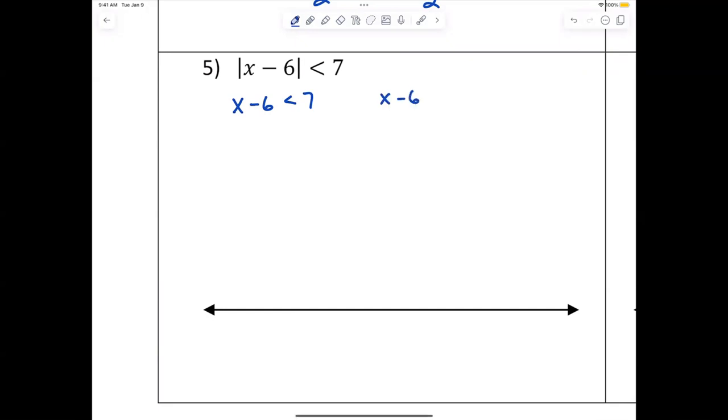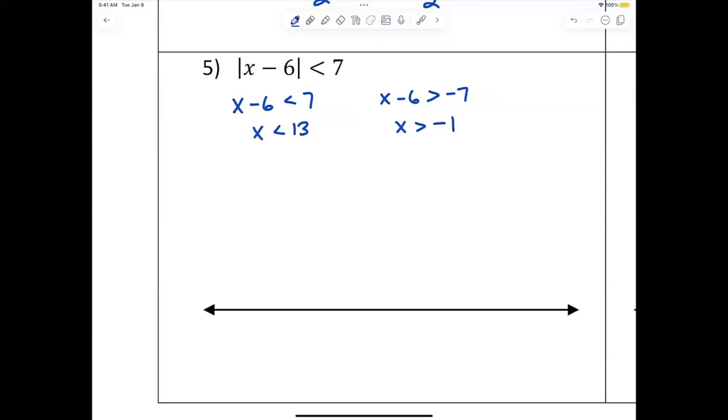X minus 6 is greater than -7. And what do I do to both sides? So that means x is greater than -1.